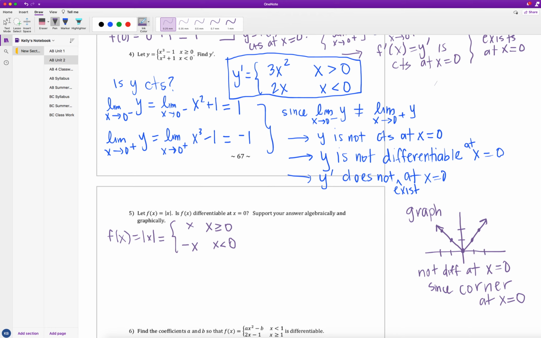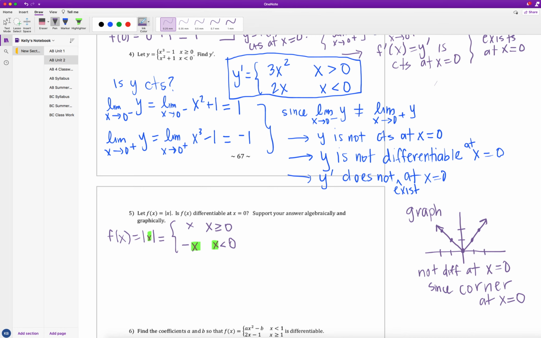But in the second case where x is less than 0, all of these numbers are negative. So what I'm substituting in here, this x, is a negative number, since x is less than 0. To make a negative number into a positive number, I would multiply by a negative sign. So although negative x might look like a negative number overall, really it's a negative times a negative, so overall this value is going to be positive, since that x we're subbing in is less than 0.